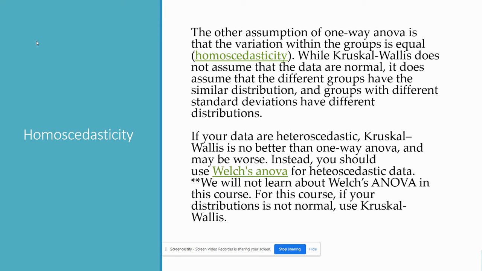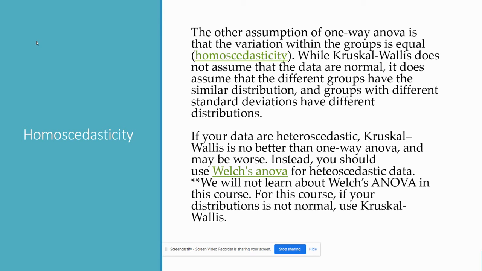Another assumption of a one-way ANOVA is that the variance within the groups is equal. While this test doesn't assume the data is normal, it does assume that the different groups have similar distributions, and groups with different standard deviations have different distributions. So if your data is heteroscedastic, this test is no better than a one-way ANOVA, and it may be much worse.